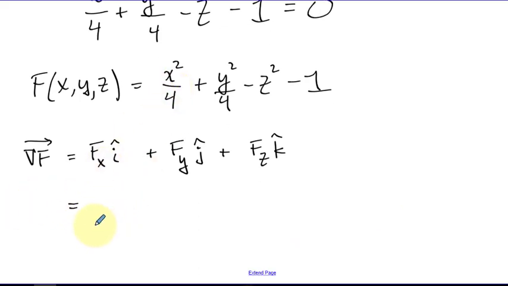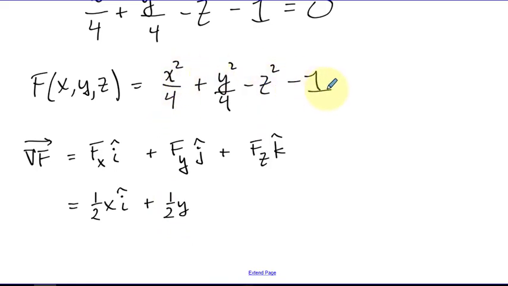The partial of F with respect to x would be 1/2 x, and that's it, because the derivative with respect to x for the rest of these terms is just going to go to 0. The derivative with respect to y is going to be 1/2 y, and all the other terms go to 0. When you take the derivative of x squared over 4 with respect to y, it's 0.